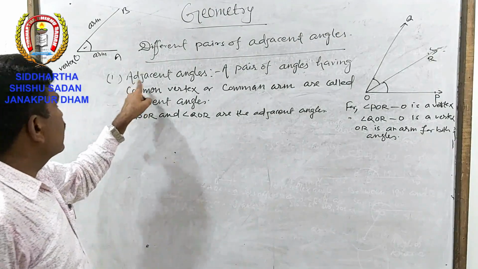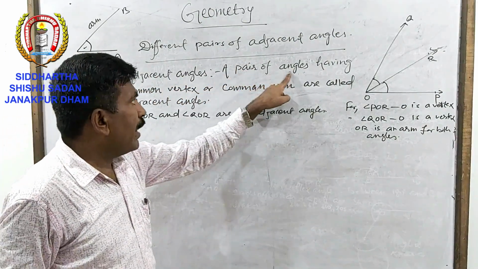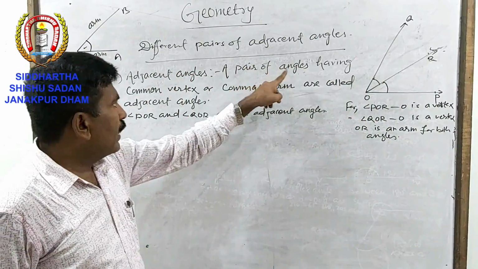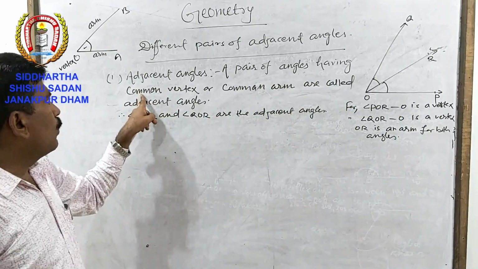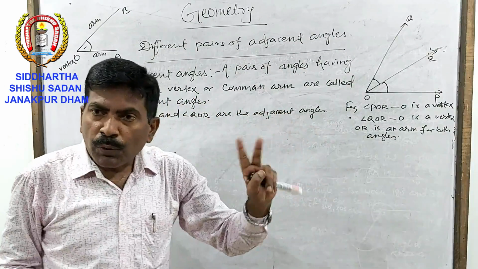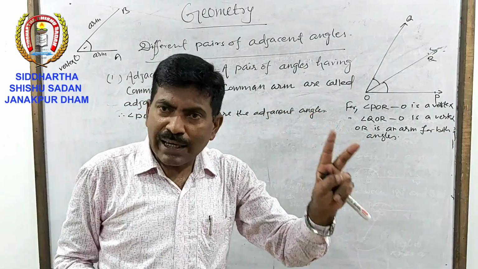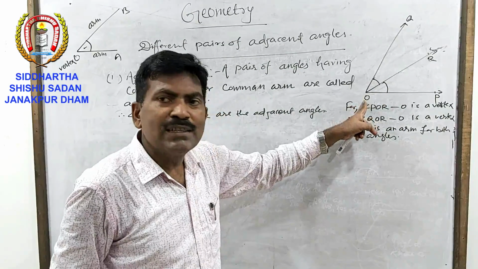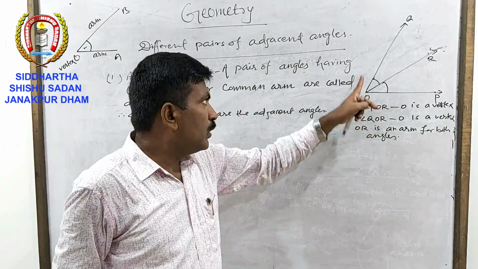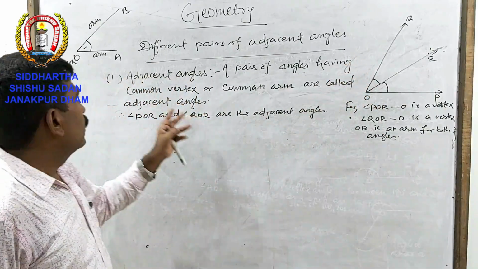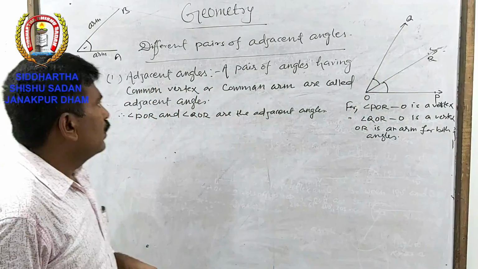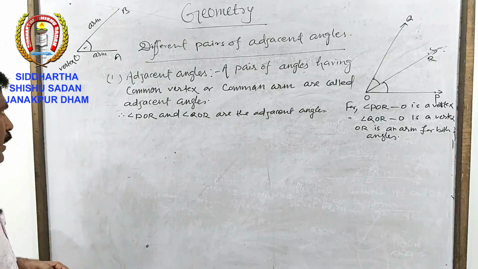So here adjacent angles means a pair of angles having common vertex. That means for both angles vertex is same. In this figure O is the same or common vertex for angle POR and for angle QOR. So common vertex or common arm. OR is a common arm, called the adjacent angles.